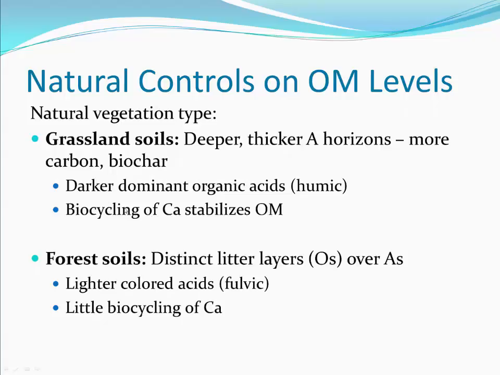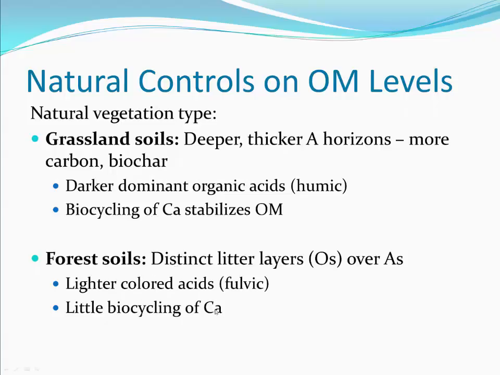So biocycling is when plant roots bring nutrients to the surface, and that's what grasses do. Now, there are a few forest trees that do biocycling, but not very many. Some maples and a few other trees do this, a few of the oaks, but most of them do not.